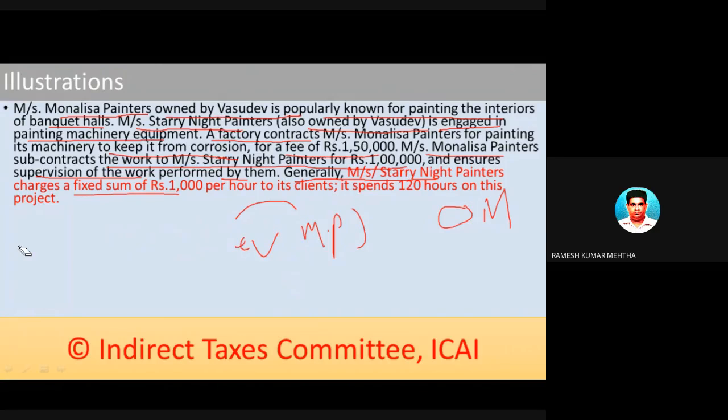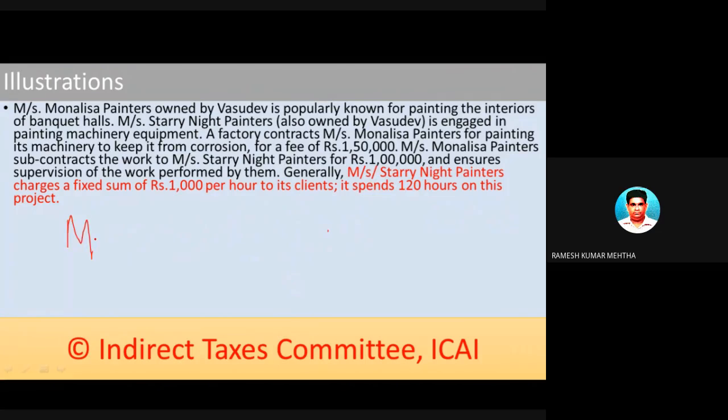Okay, so the problem goes like this. Very intricate information is there in this particular one. So Mona Lisa is there, Starry Night Painters is there. A factory contracts Mona Lisa Painters for painting its machinery.